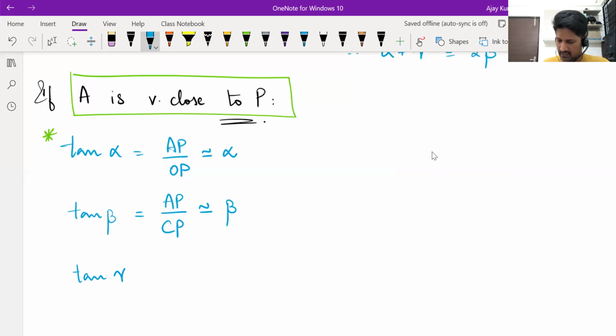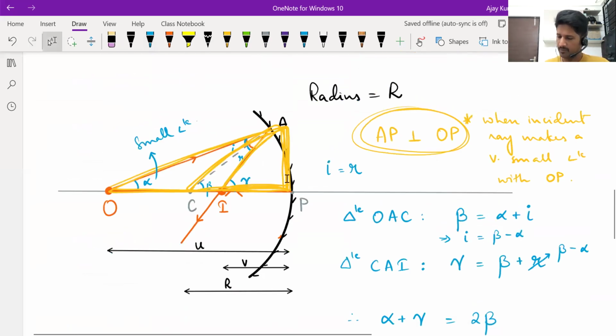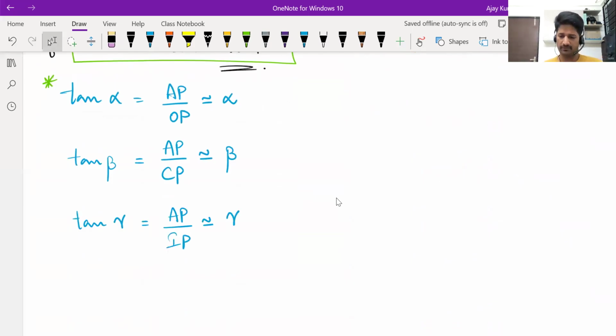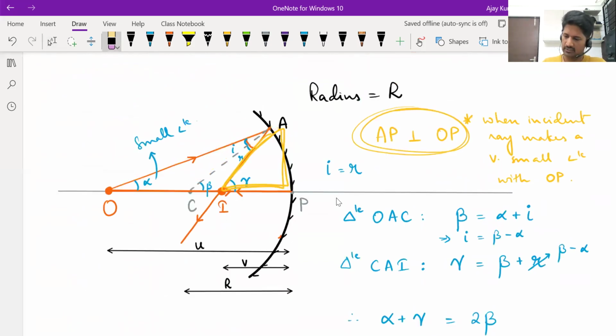Similarly, tan gamma belongs to the triangle IAP, and tan gamma is opposite AP divided by adjacent IP. It is a small angle, so approximately equal to gamma itself. This is how we relate distances to angles. Remember, this relation is valid only under that approximation or assumption.